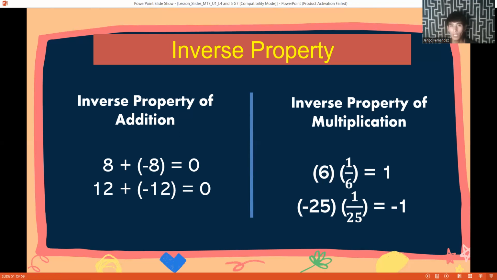So you can also watch again the videos about the operations on integers and the absolute value para mas ma-determine mo paano nga ba, paano mag-add, mag-subtract, mag-multiply, and mag-divide, at paano natin makikita yung mga bagay na to.